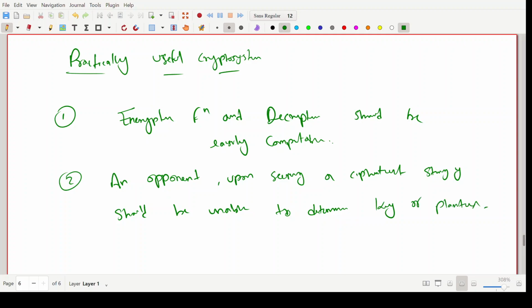These are the two properties of a practically useful crypto system which we need to have.